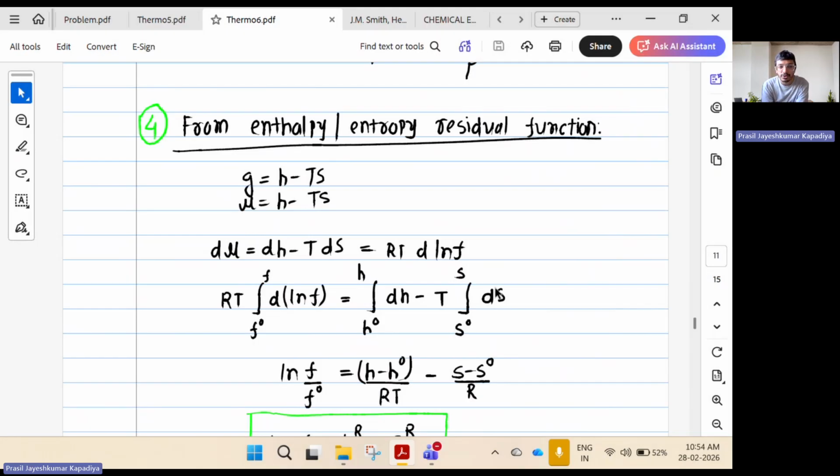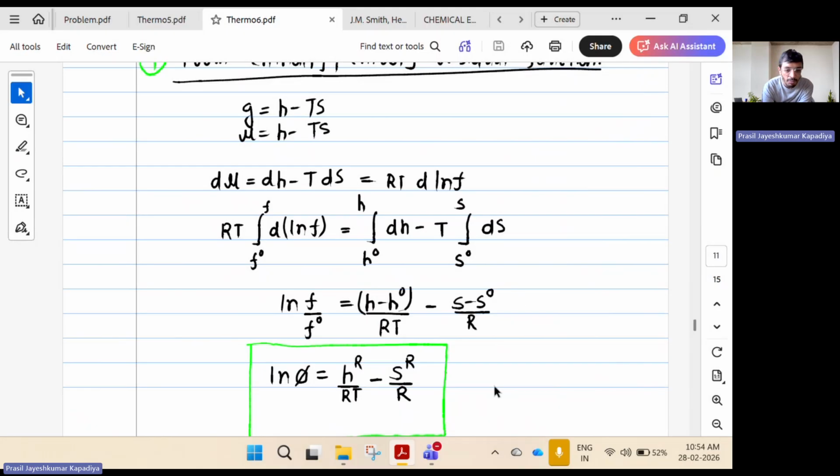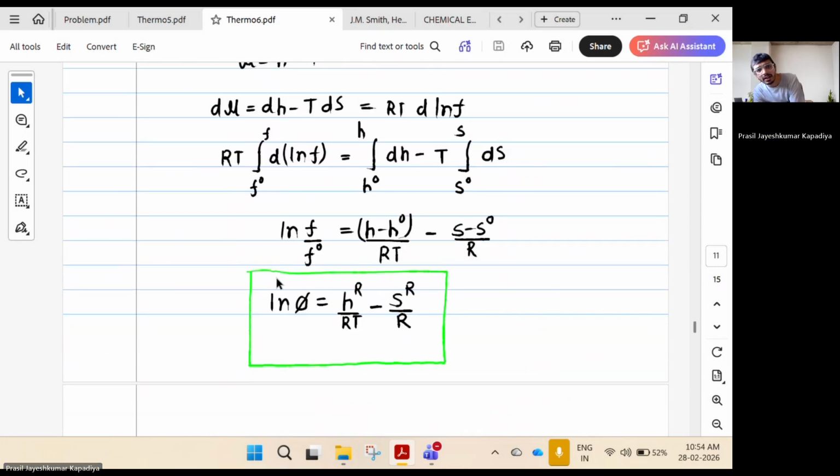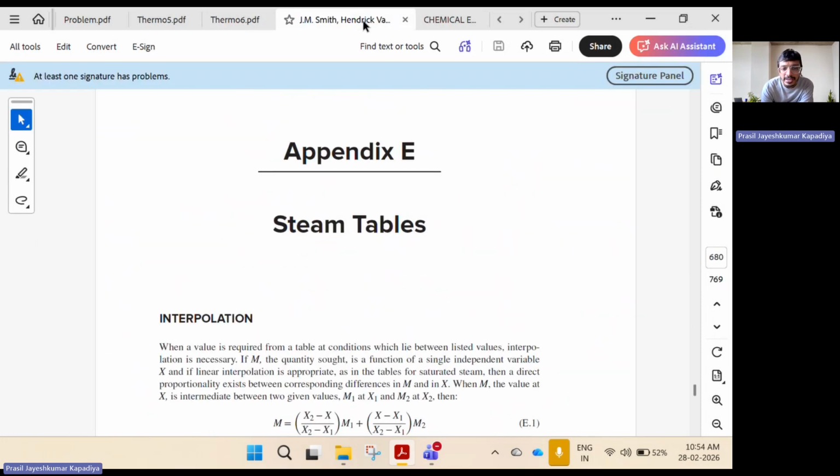So ln F by F0 is equal to (H minus H0) by RT minus (S minus S0) by R. So H minus H0 is HR and S minus S0 is SR. If we know this, then we can directly estimate it.